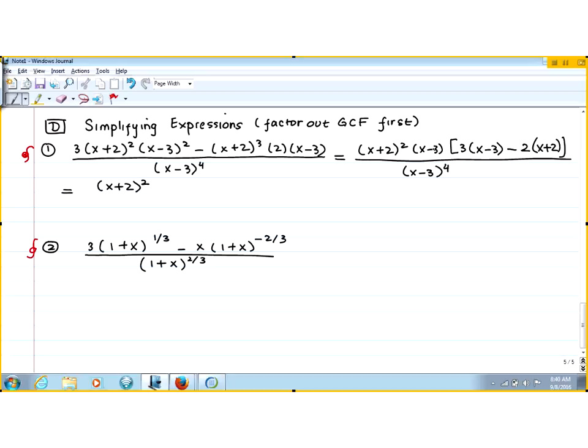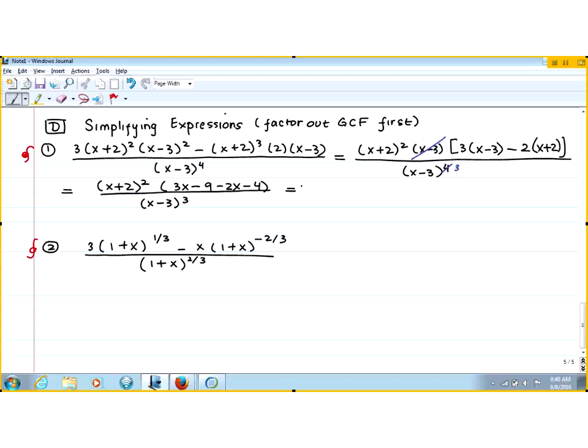What do you have? (x plus 2) squared. And what happens here to your (x minus 3)? Cancel one of them? Okay, so I'm going to cancel this and change this to 3. Yes, that's right. And what do you have inside the parentheses? 3x minus 9 minus 2x minus 4, divided by (x minus 3) cubed.